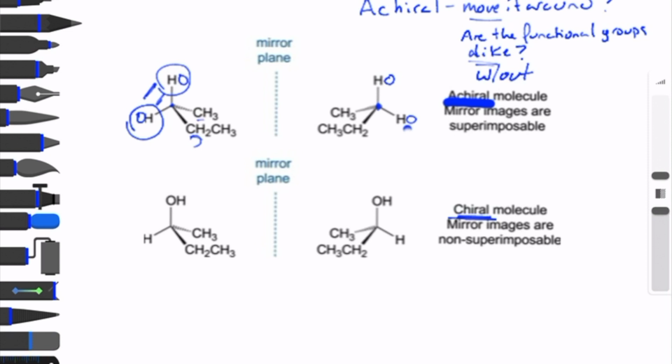You can try to play around with the carbons on the bottom here, right? What we want to do is try to superimpose it. So we have our carbons here at the left, and we have our compound here on the right, and we want to put it in an orientation such that it will fit on top of our compound on the left.